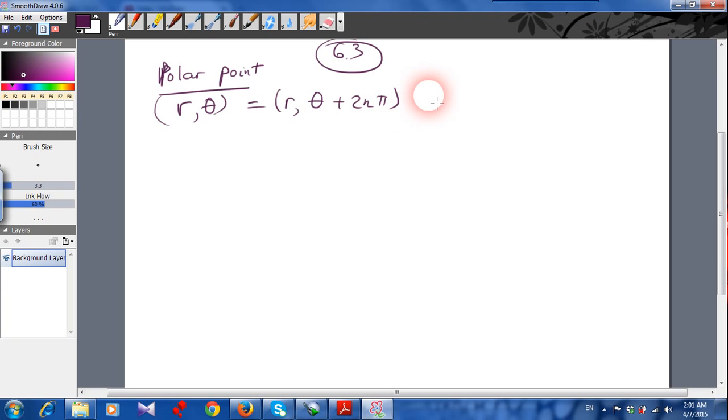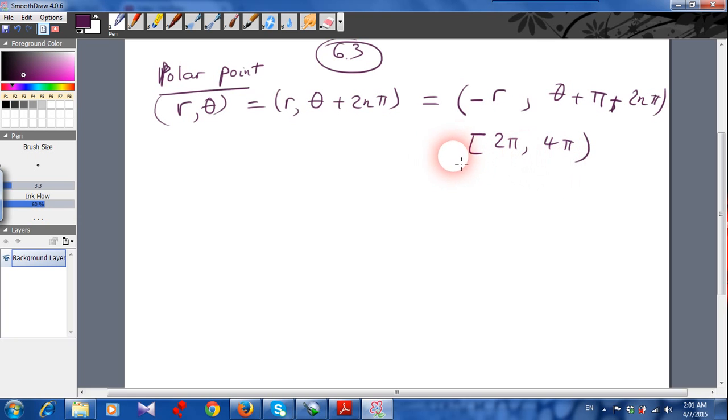If the question asks you to find r negative, we use this formula: θ plus π, plus 2π, usually on the interval from 0 to 2π.